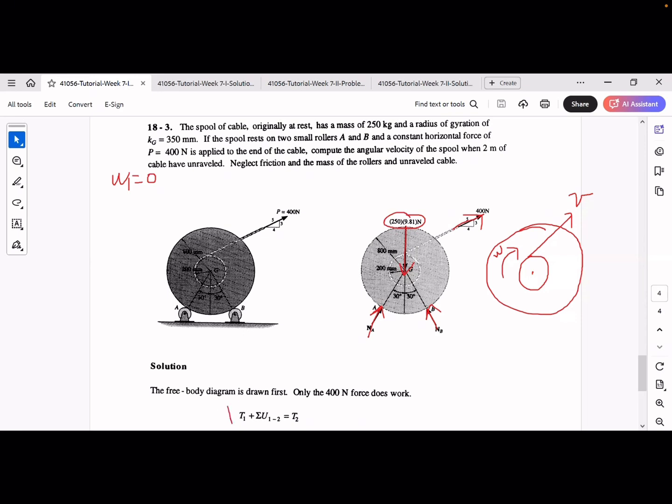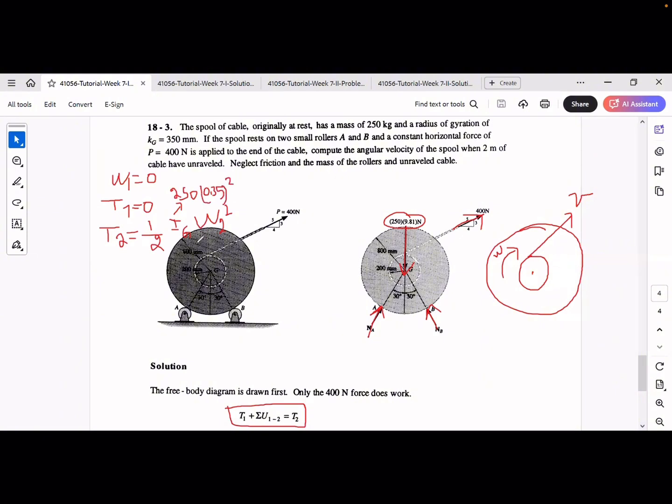Now, T1 plus the sum of work from 1 to 2 is equal to T2. Obviously, because omega 1 is 0, and I only have rotation, T1 is 0. T2 is half I_G omega 2 squared, where I_G is actually 250, which is the mass, times 0.35 squared, which is the radius of gyration.